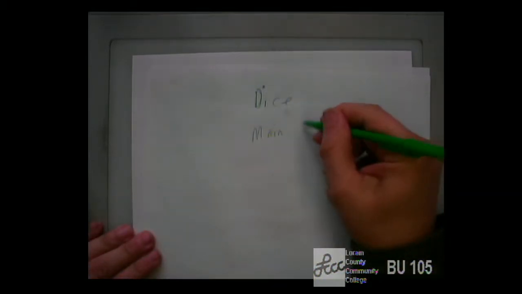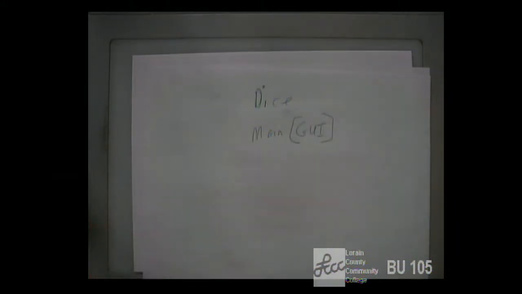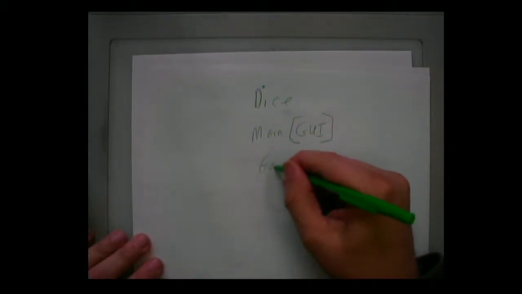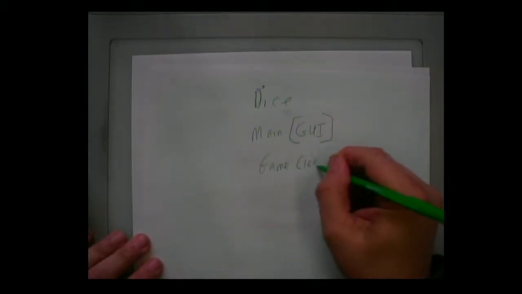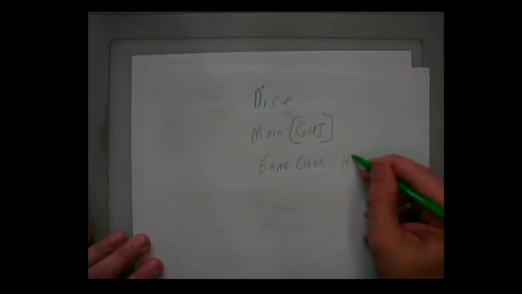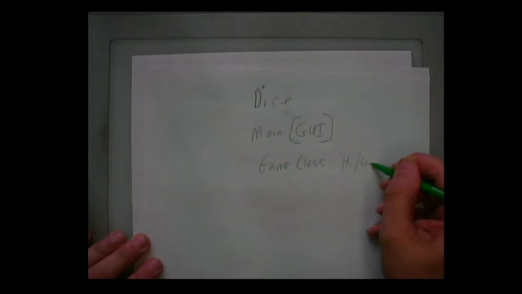And the main class is going to serve as our GUI. Do we have any other classes? Good program design suggests that we would have at least one other class, and that would be the game class. All right, so that's what we're going to do. We're going to develop these three classes.